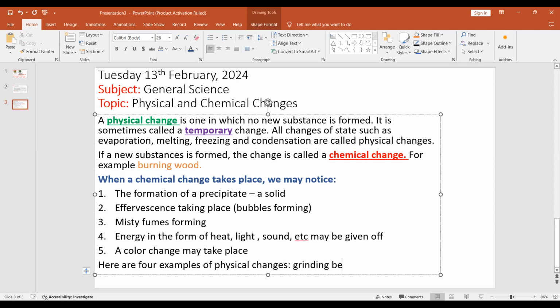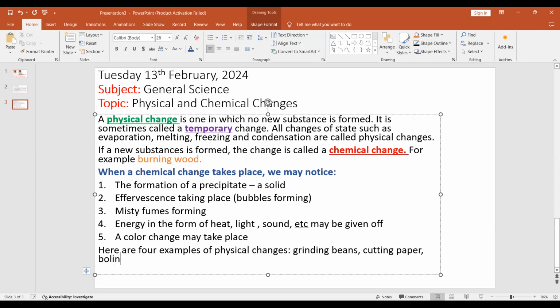Grinding beans, that is chemical, right? I mean physical. Cutting paper, it's physical. Boiling water, and breaking glass. Those are examples of physical changes.